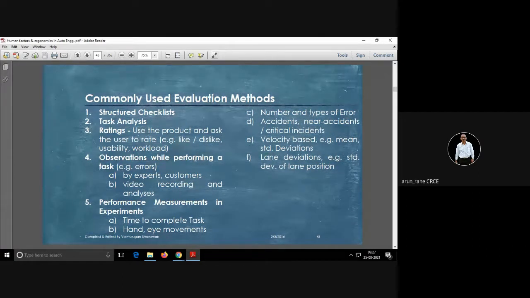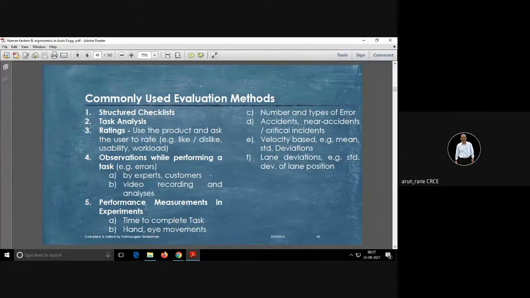All this is required whenever you want to design an ergonomically designed workplace. This is the data required before you design a workplace.